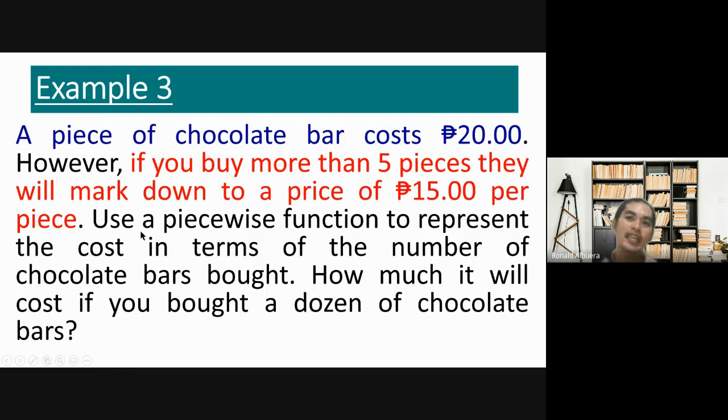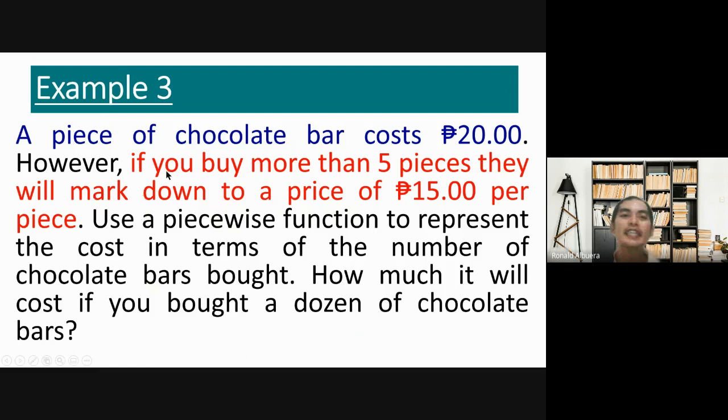Okay. Now, take note, nilagyan ko na ng blue kasi yan ang first condition. Yan ang first function na gagamitin mo. At itong kulay pula, dyan ka kukuha ng second function. Dyan ka kukuha ng second condition.